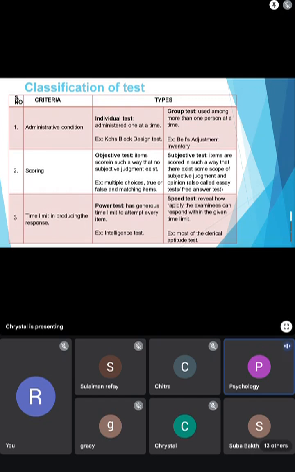These are the two types of tests in scoring. Then there are tests with a definite time limit, and the individuals will be tested. Your CAT exam and our recent NEET exam all come under speed tests.